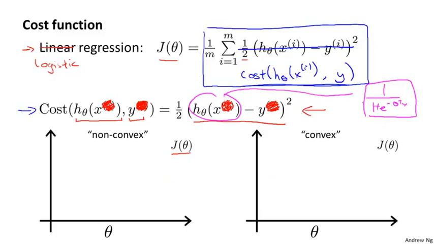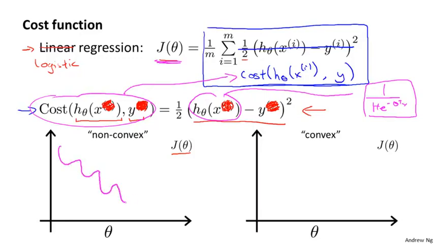And if you take this sigmoid function, plug it in here, and then take this cost function and plug it in there, and then plot what J of theta looks like, you find that J of theta can look like a function that's like this, with many local optima. And the formal term for this is that this is a non-convex function.